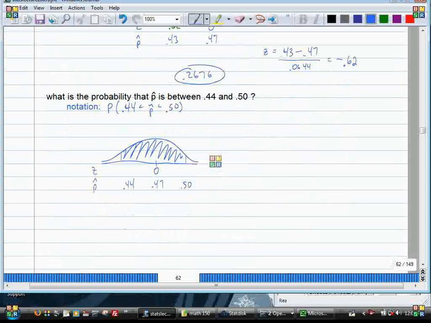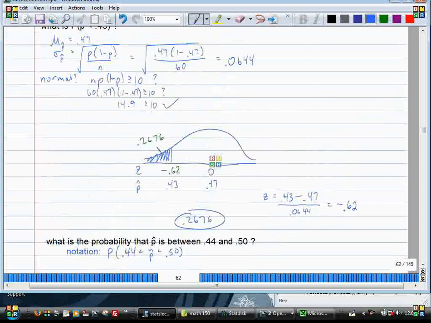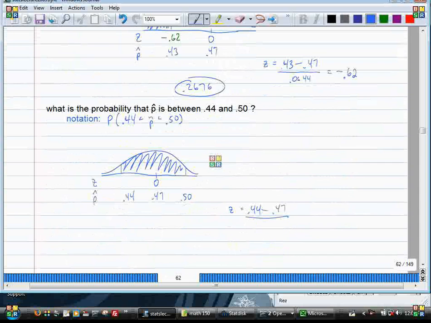So what's the first z-score? 0.44 minus 0.47, over the standard deviation, which was 0.0644. Negative 0.03 over 0.0644.